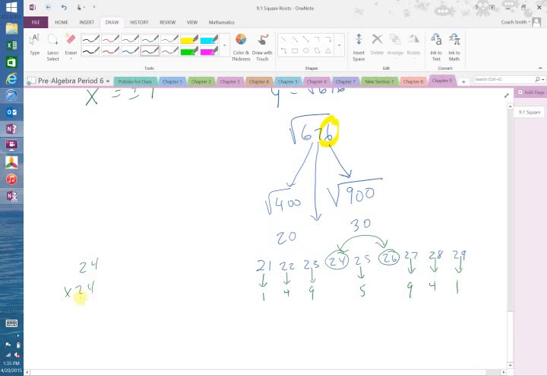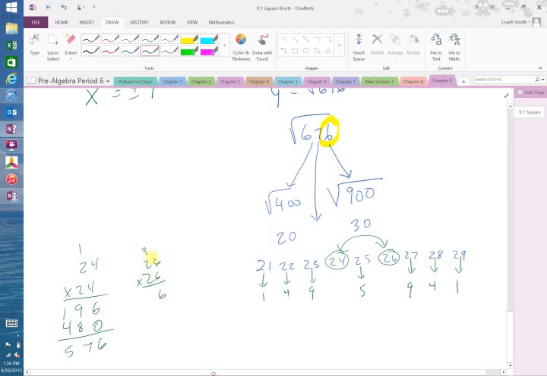So you got to go over here and check it. 24 times 24, that would be 6, carry my 1, 9, bring down a 0, 8, 4, that's going to be 6, 17, carry my 1, 576. So let's try 26 times 26.